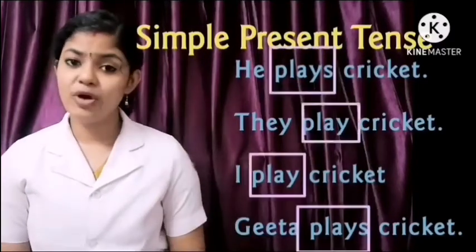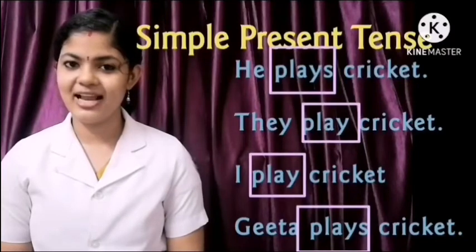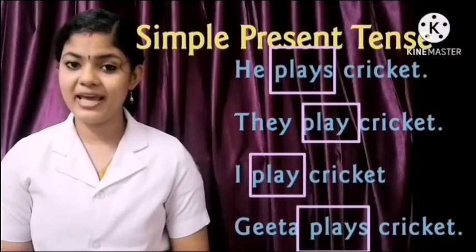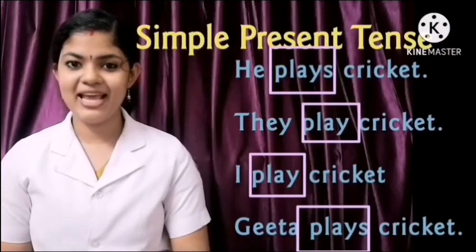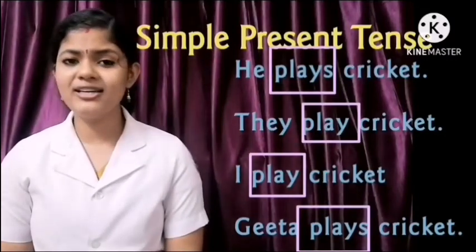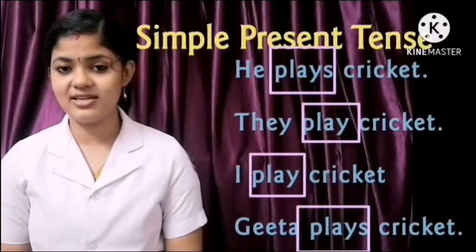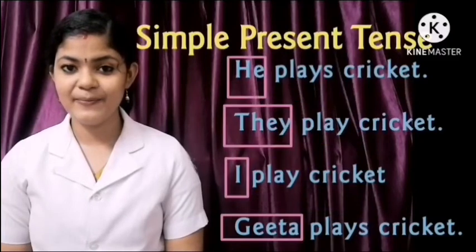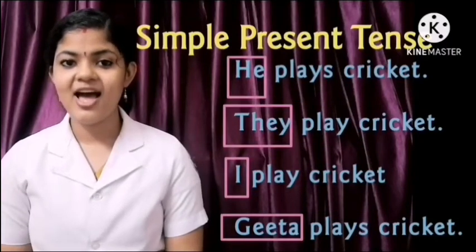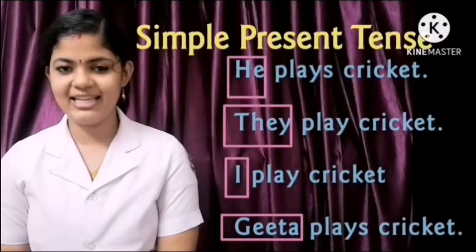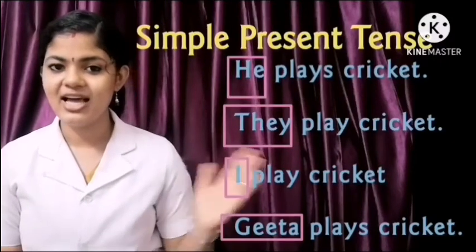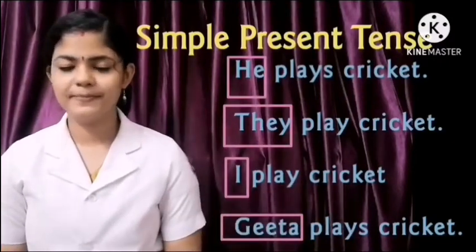Through the verbs used in these sentences, like plays, play, play and plays. And what are the subjects in these sentences? He, they, I and Gita. So these are the subjects and the next one is the verb.